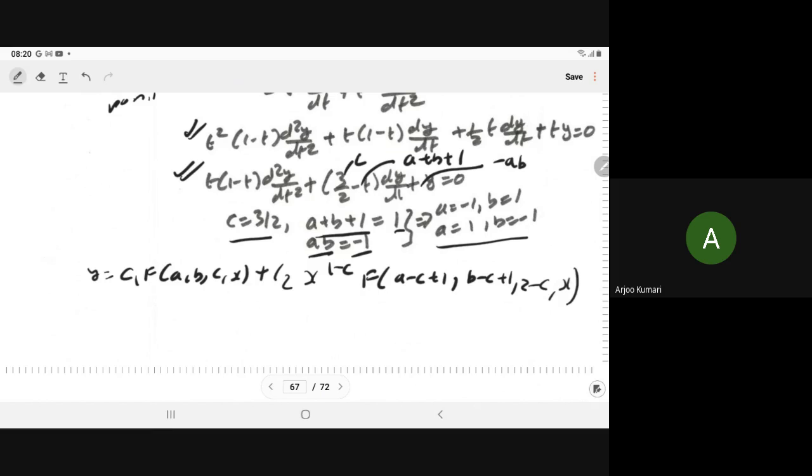So we have the value a is equal to any value you assume. Either you assume this value or this value, you will get the same solution, because the hypergeometric function is interchangeable, or they are the same on the interchange of a and b. Clear? So just put the value of a, b, c.